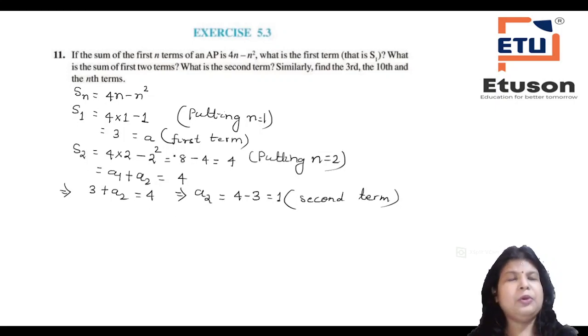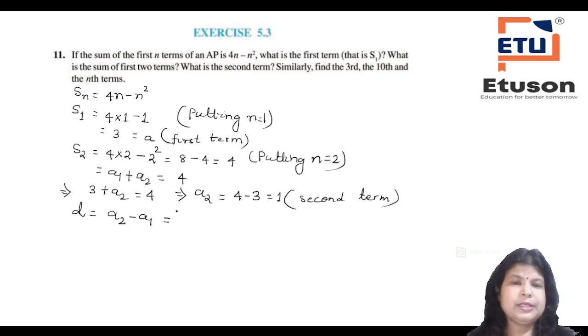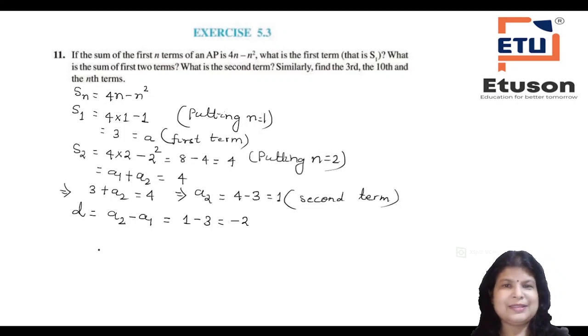Now, because you have obtained the first and second term, you can find out the common difference. So common difference is equal to A2 minus A1, right? What is your second term? Second term is 1. What is your first term? It is 3. So 1 minus 3, that is equal to minus 2.